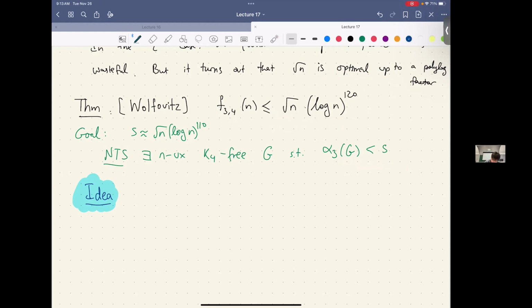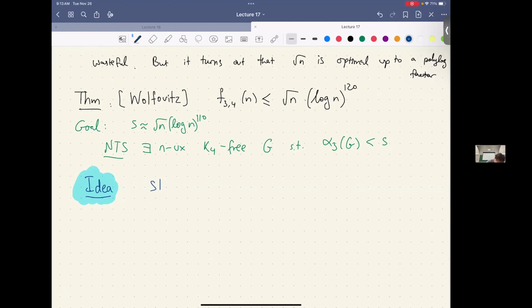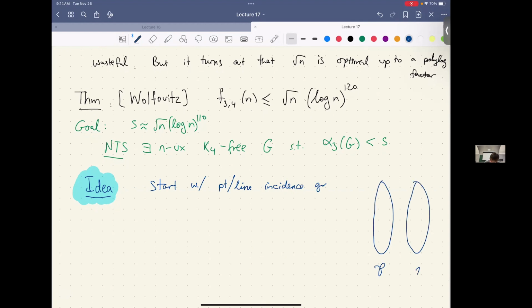The idea is we're going to start with, again, some structured graph, which will be the point-line incidence graph of a projective plane. So we have points and lines.